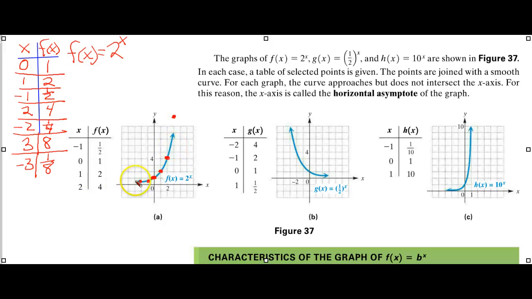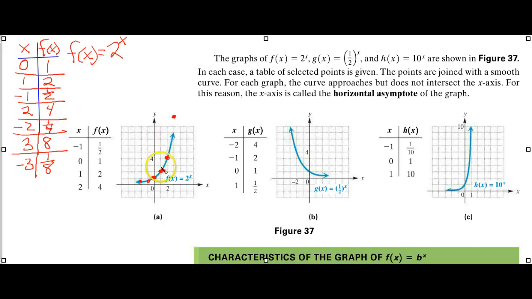Now, as we go on in this direction, and we have negative powers, this goes on to infinity in this direction for our x values, negative infinity. But it never reaches and physically touches this x-axis.